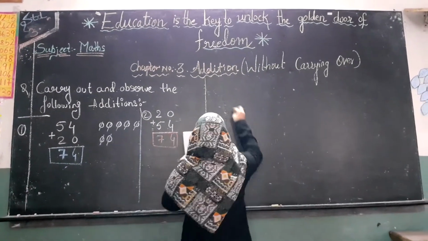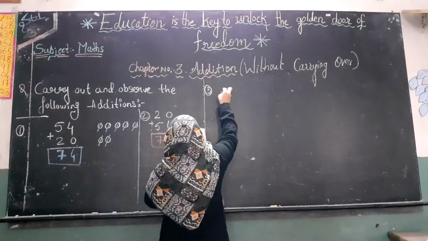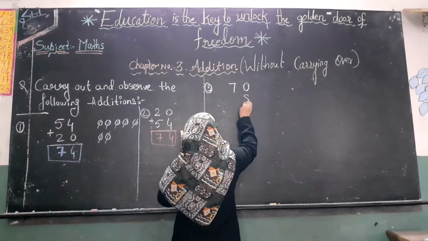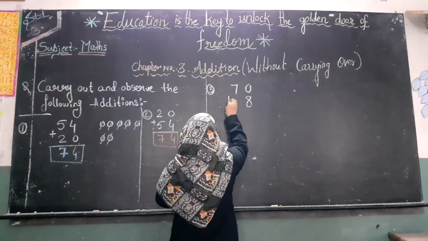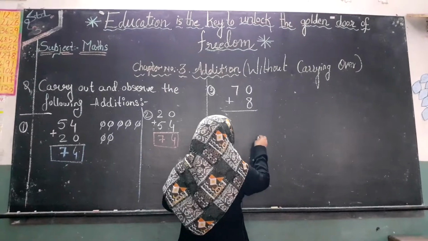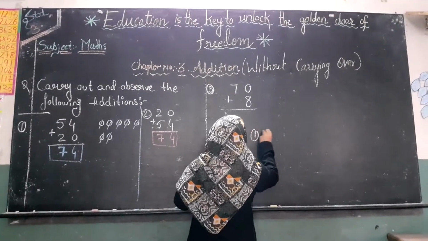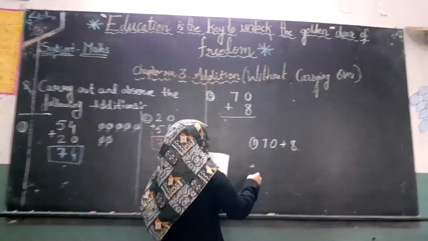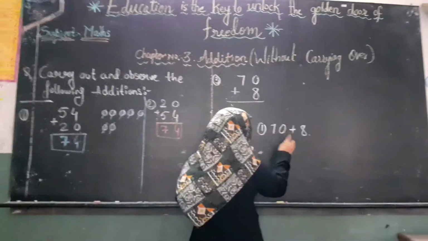Okay, now third is 70 plus 8. If you have a question like this, 70 plus 8, add in vertical. So you have to write like this.